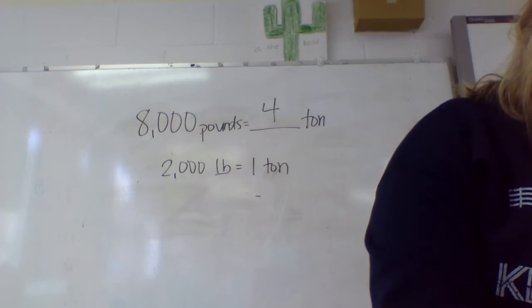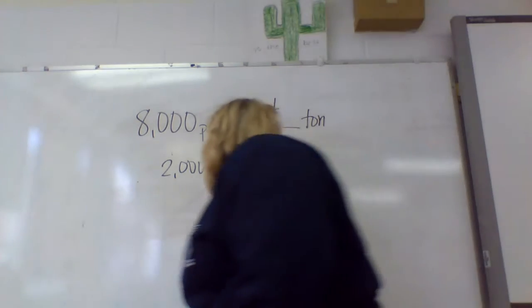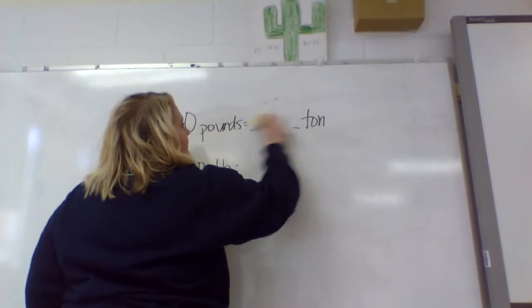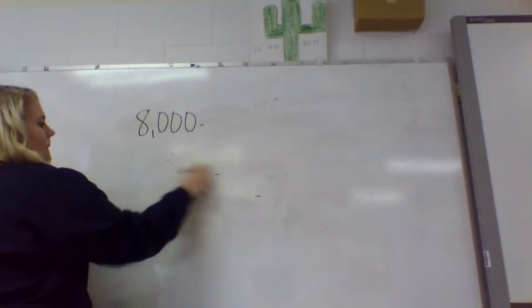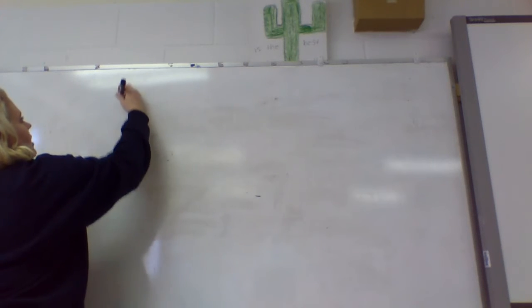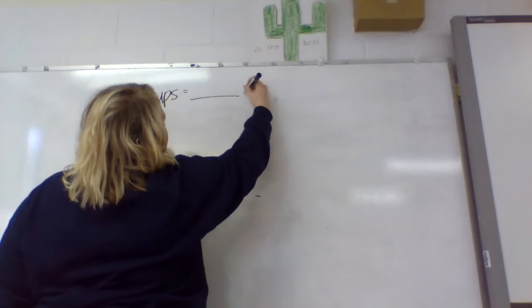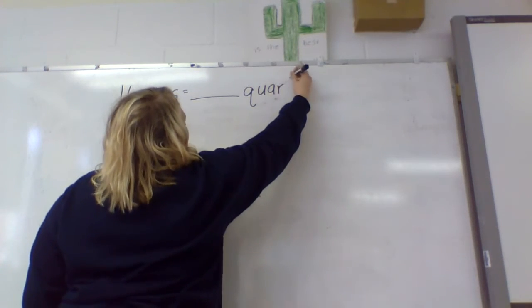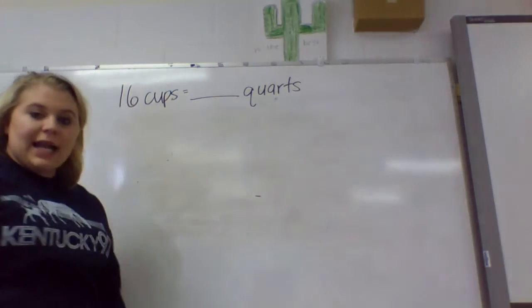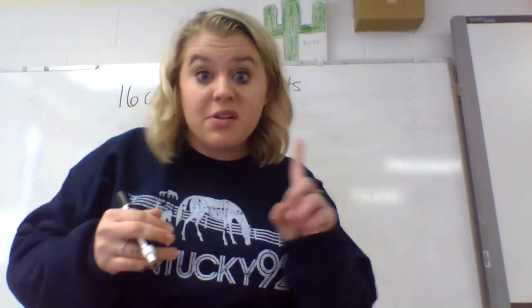What if I have 16 cups equals how many quarts? Well, this is where my kingdom of gallon is going to come into play, because it's a really quick, easy way for me to see how many cups are in 1 quart.